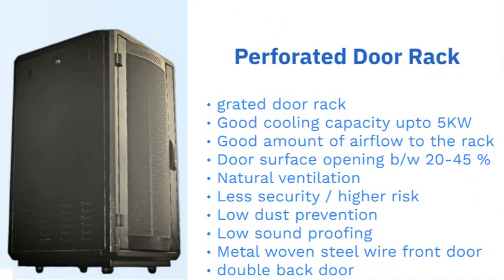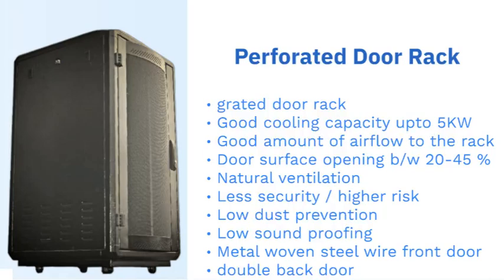Perforated four post door rack. It is also called a grated door rack. It provides good cooling capacity up to 5 kilowatts because it's grated, so the airflow of the rack is good. Because of the grated and perforated door, its opening is between 20 to 45%.